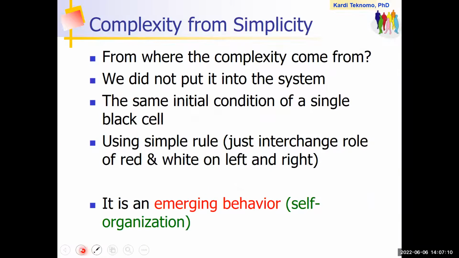So that's why we say, look, with a very simple rule like that, we can get this complexity. So emerging behavior or self-organization behavior is actually very interesting. For example, an application is our economy.